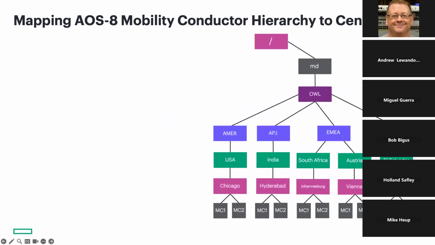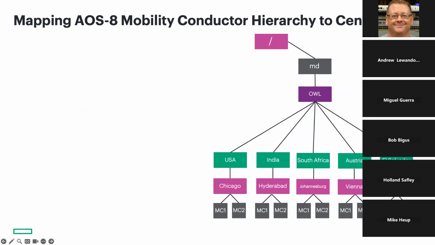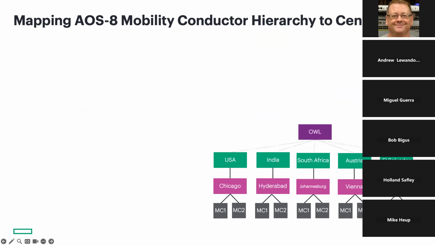So if we take this diagram, the first thing we do is kill the global regions, and then the MD and MM nodes at the top. And now we're ready to see how this applies to the New Central hierarchy model.